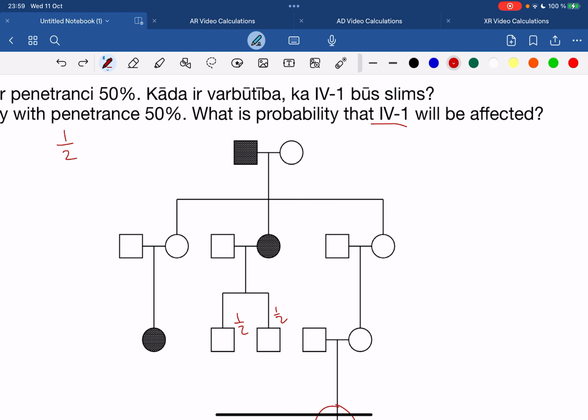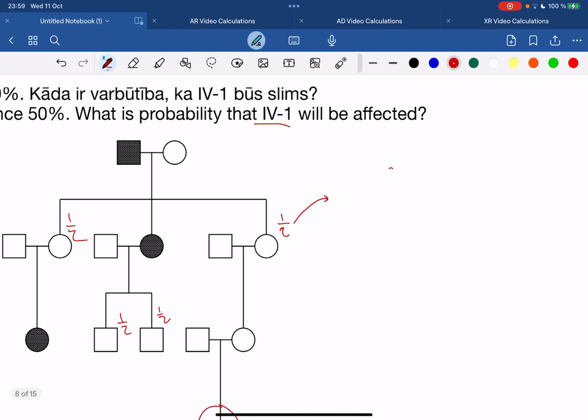So if one of the parents is affected, then the children will all have a 1 out of 2 chance to be affected as well. But because we're unsure, because it's autosomal dominant, we have to do a Bayesian table. So carrier, non-carrier, prior, conditional, joint, posterior. That is 1/2 and 1/2.